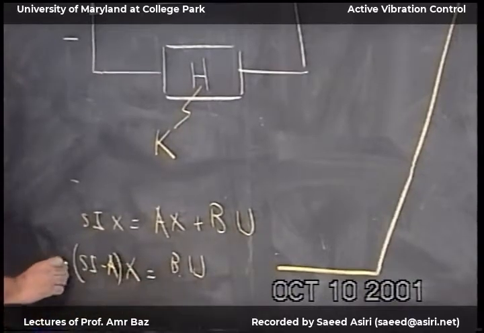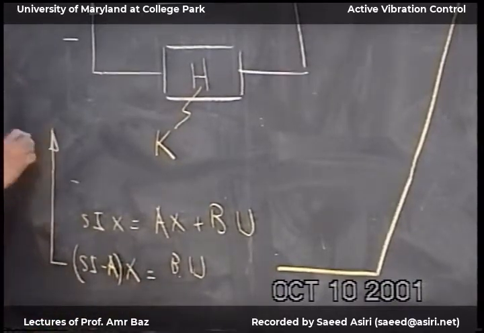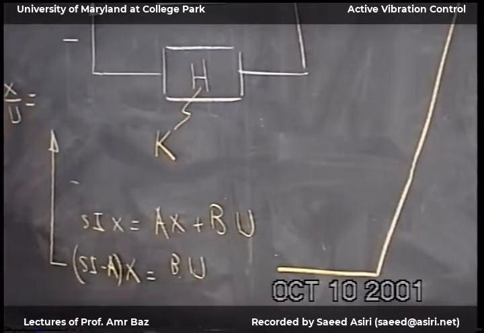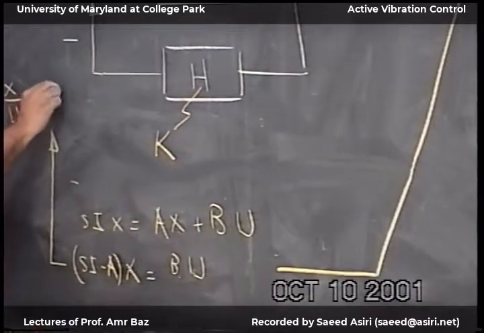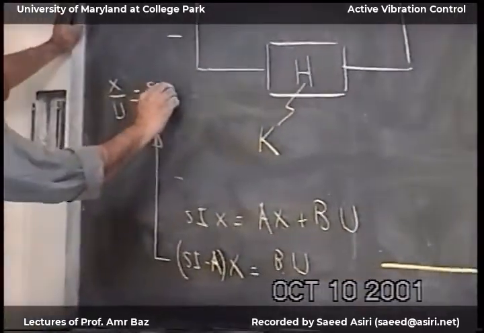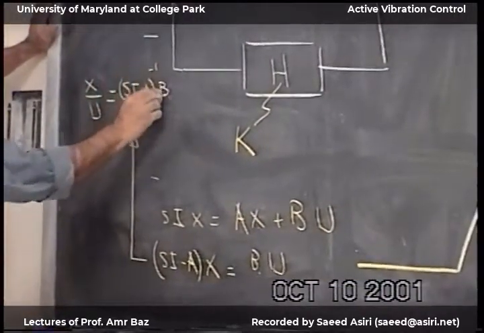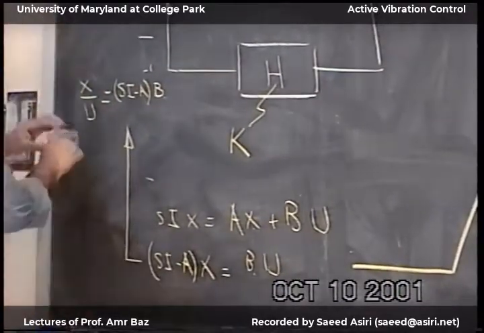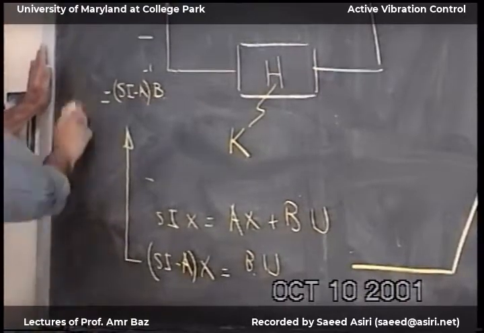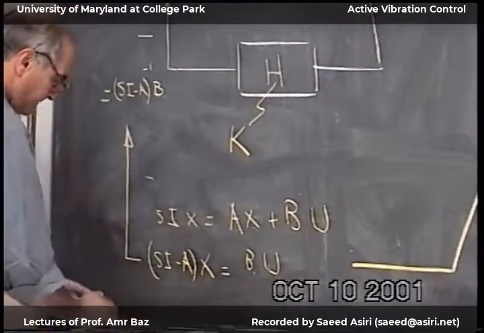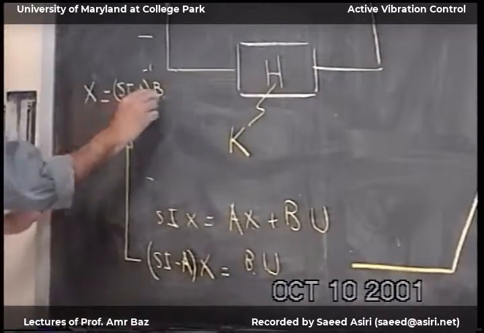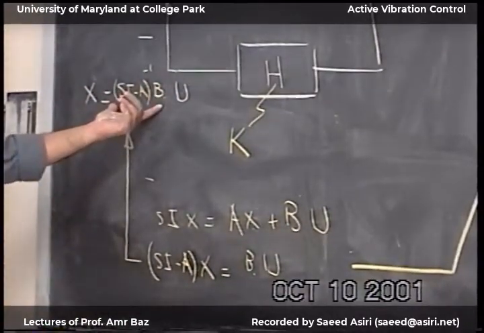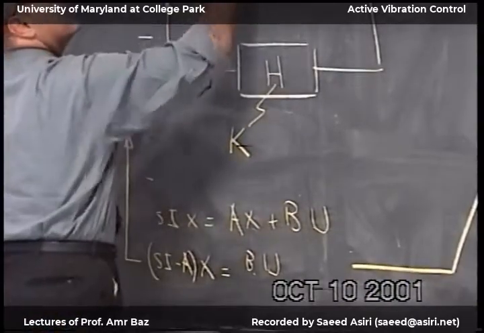And from here I can get x over u, or the transfer function will be (sI minus A) inverse times B. Because of the matrices, there is no division like this. So this would be my X, and this is U, and the yellow term is nothing but my G.